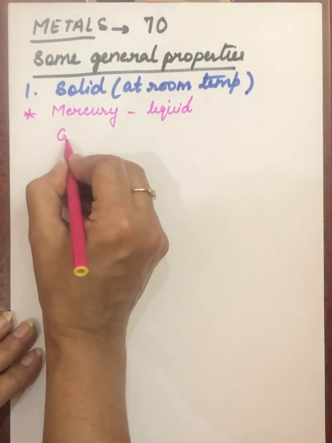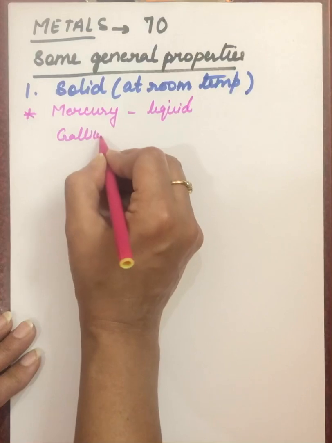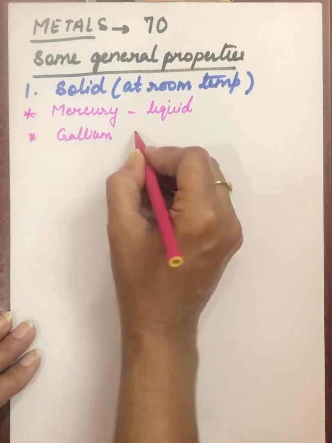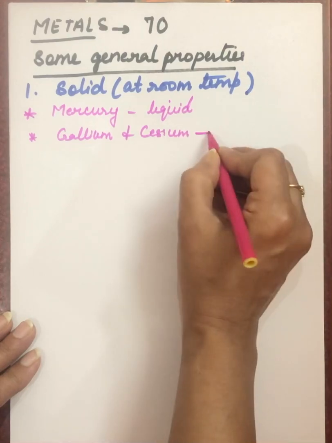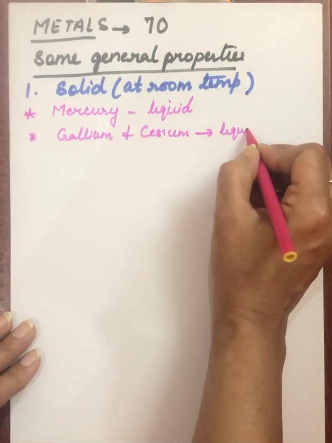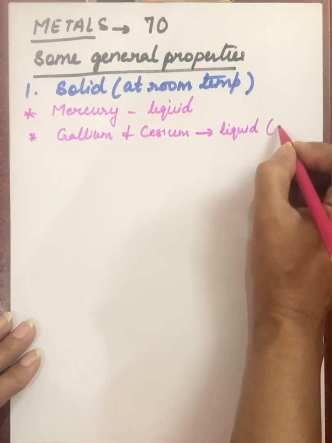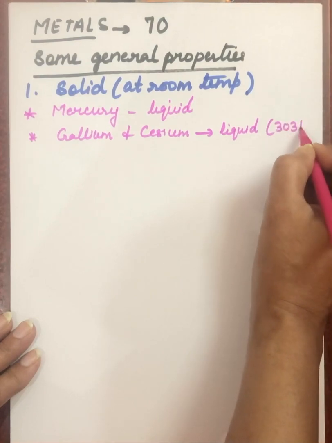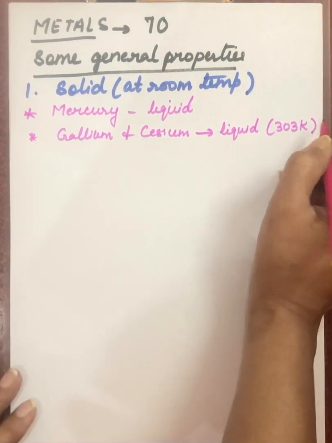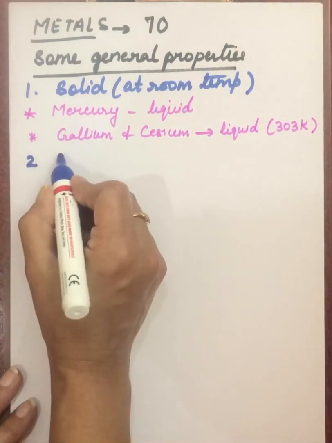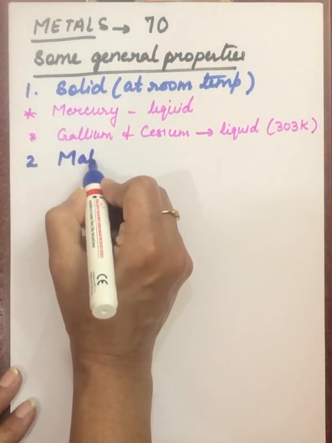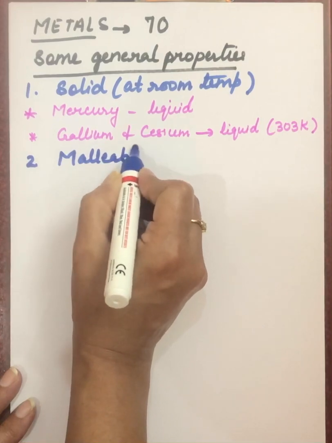And then gallium and cesium. These also become liquid but above 303 Kelvin temperature. Second property of metals is that metals are malleable. Now what is malleable?